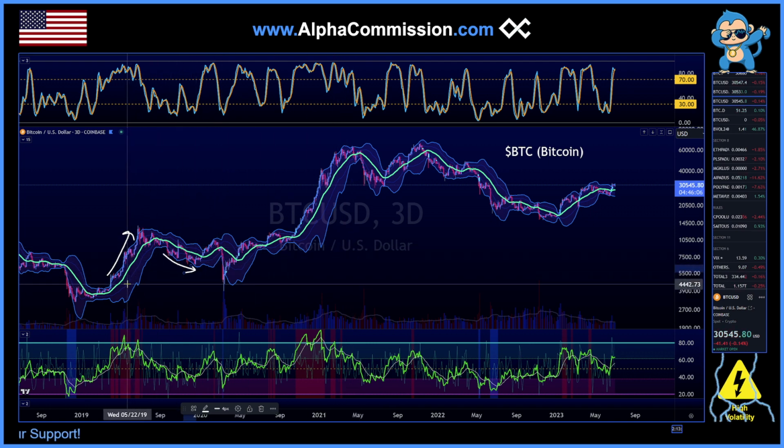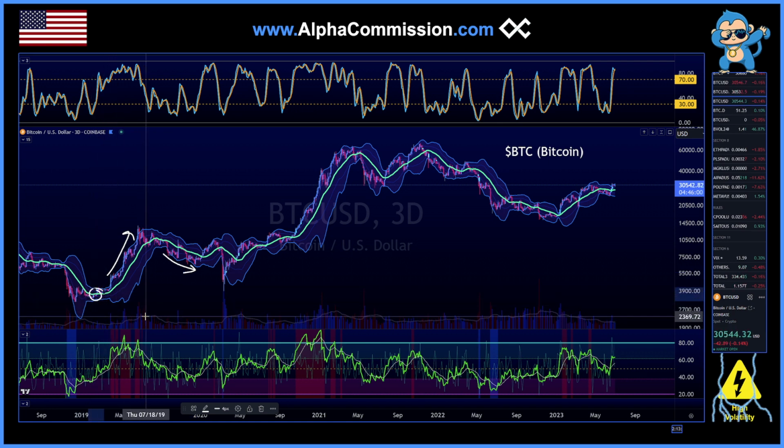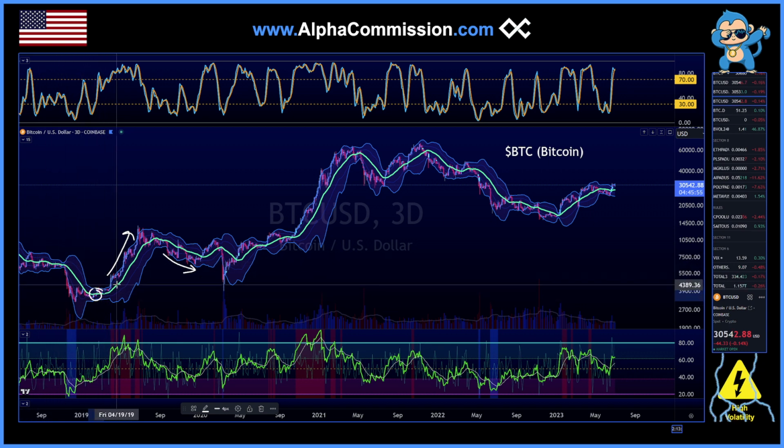So this is what we're looking for. Are we flipping the middle of the chart? Are we flipping that Bollinger Band midline, and are we getting embedded at the top of those two standard deviations?